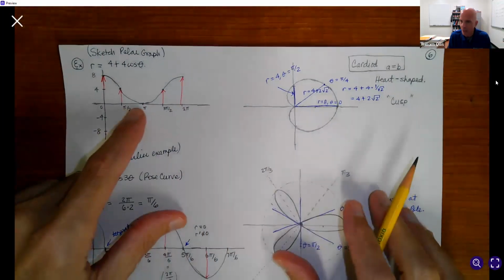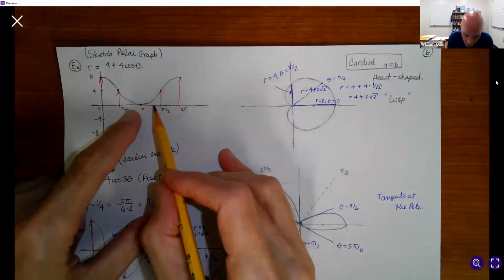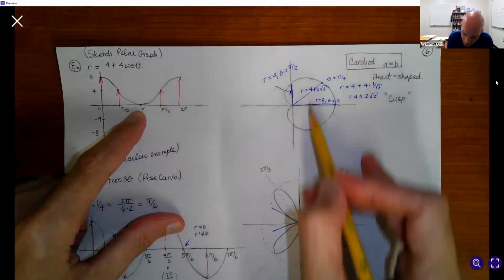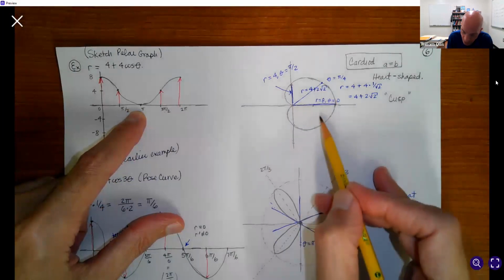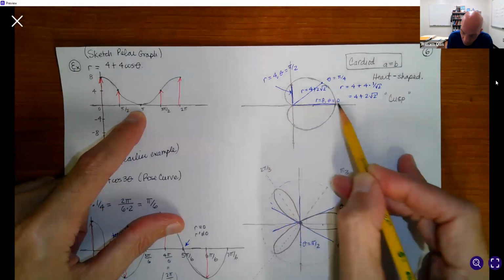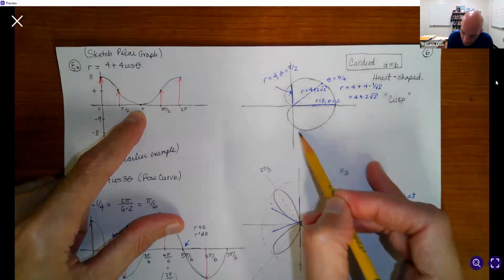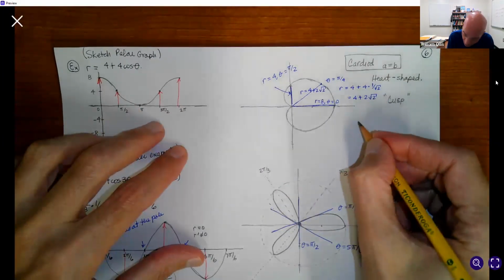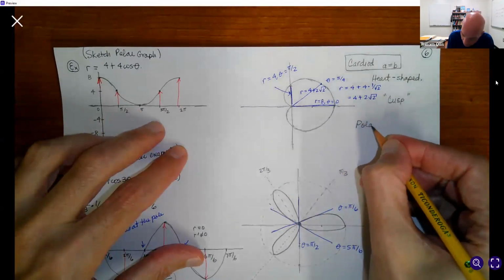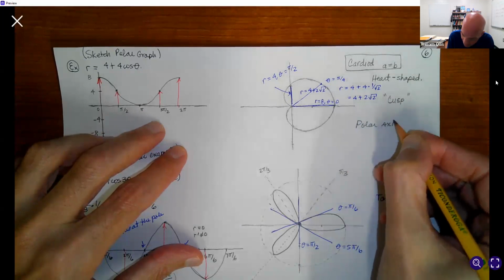So this is really nice. And then, using the symmetry, knowing that we have polar axis symmetry, the curve is just going to repeat. Whatever we have up here will be duplicated here.